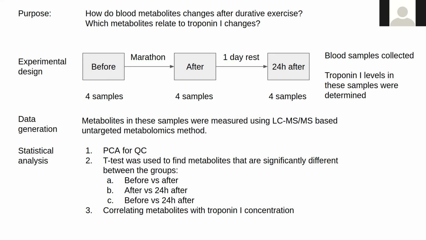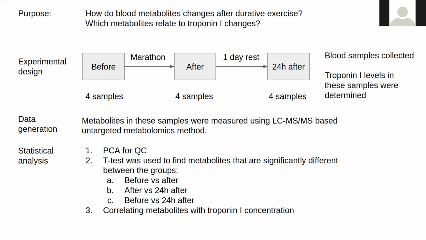To answer our biological question, we performed 3 statistical analyses. The first one is PCA, mainly for the purpose of quality control. We also performed the t-test to compare the samples collected at different time points. So we have 3 groups, and we performed 3 pairwise t-tests.